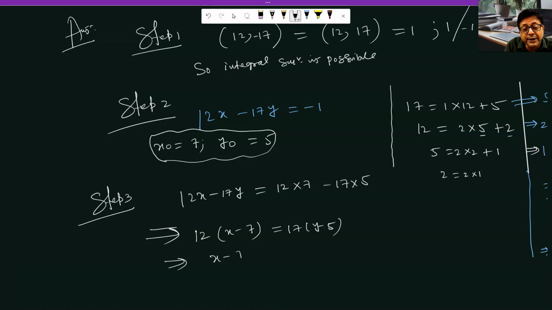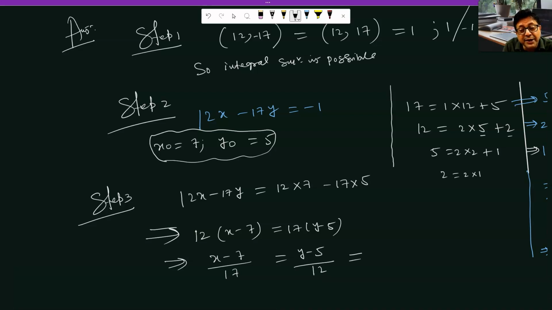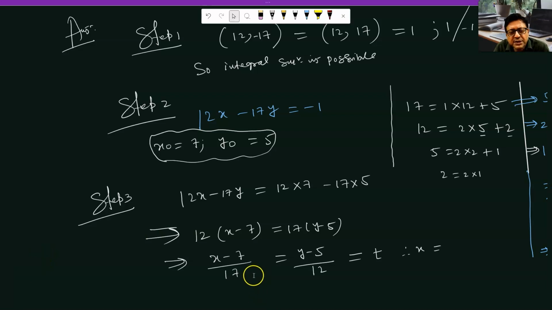So this you write: x minus 7 by 17, which is going to be an integer, and y minus 5 by 12, the same integer, that you write as t. Check the step. This is correct.